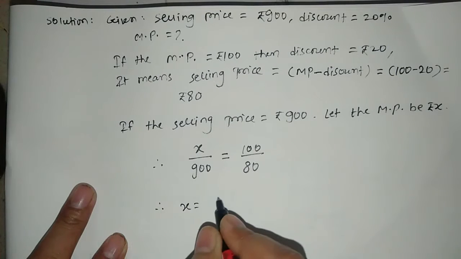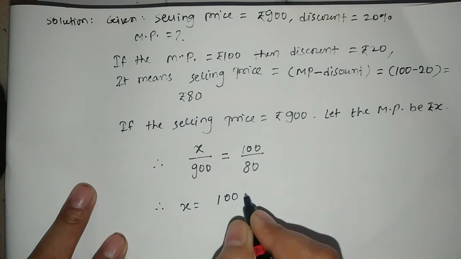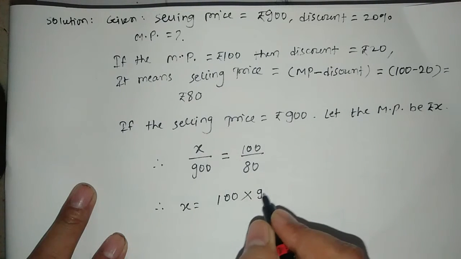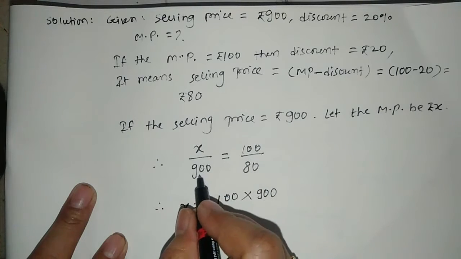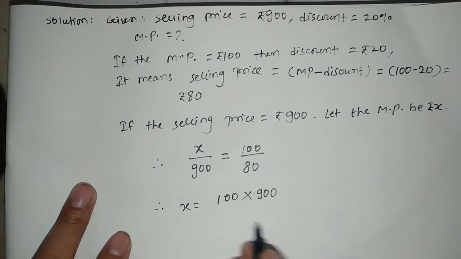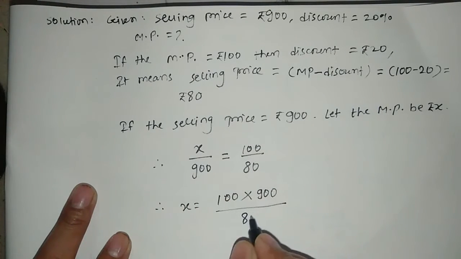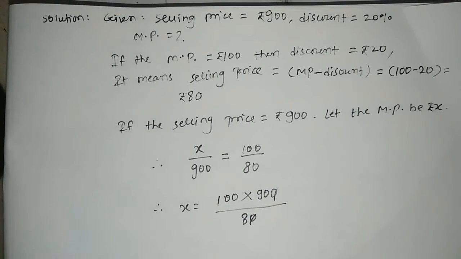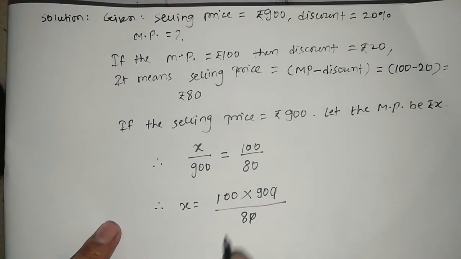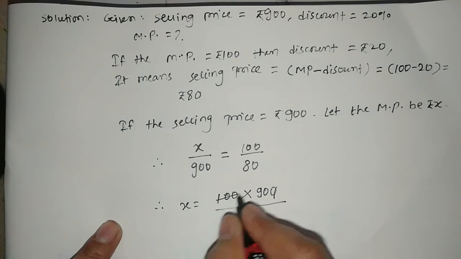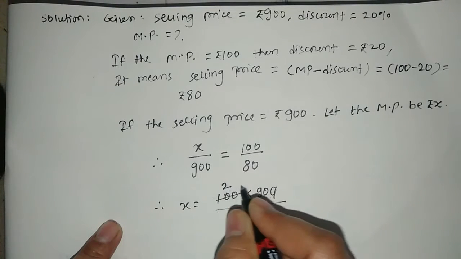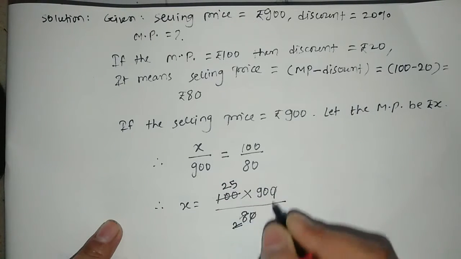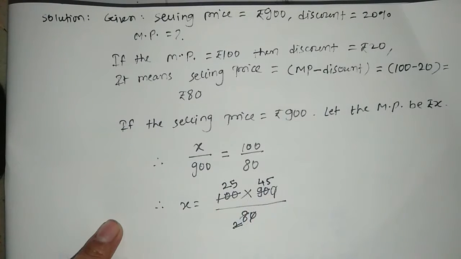Therefore X is equal to 100 multiplied by 900. When it goes to the right side, it becomes multiply upon 80 as it is. So this 0 is cancel. So this is 4 to the 8, 24, 25 4 is a 100. 2 is a 45.